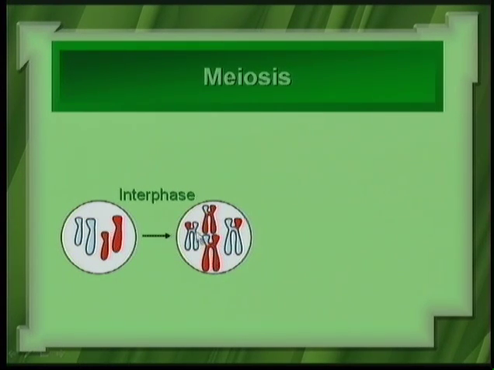This homologous chromosome would have been all blue, from the father, and this would have been all red, but during prophase 1, they were attracted to each other and exchanged genetic material with each other. The same thing happened with this homologous pair of chromosomes. So what you'll have is a recombination of genetic material.